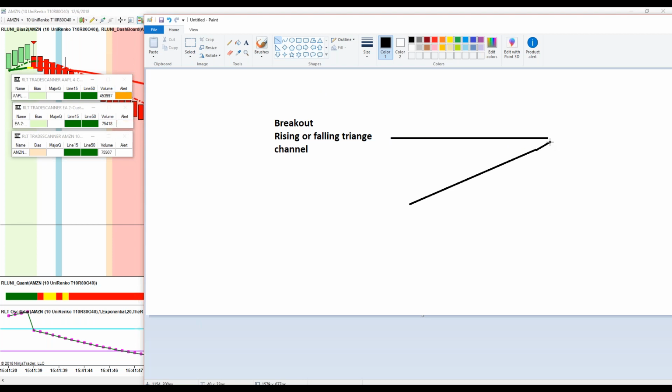It's just a series of sequential higher lows. The highs can be pretty much the same, but it just shows you that the bulls are in control and they're going to be moving the market up and down. And eventually, the scanner will anticipate a breakout. Now, here's the problem: the scanner is going to detect the breakout here.